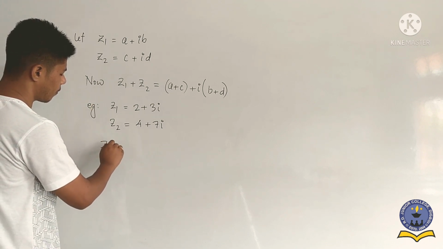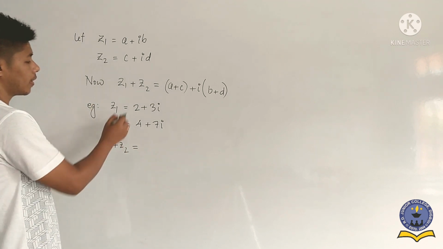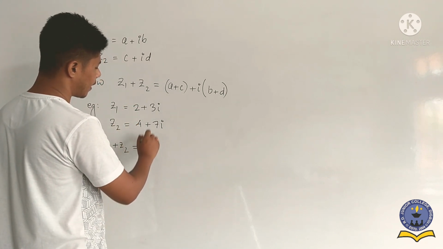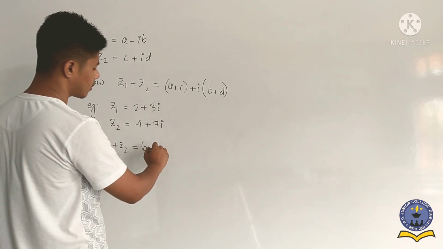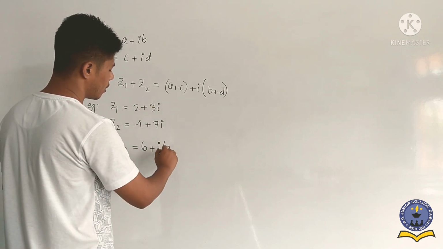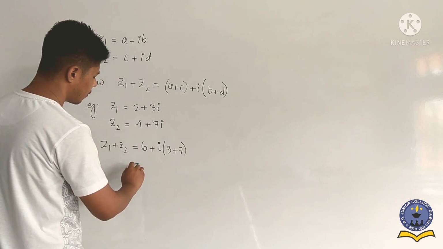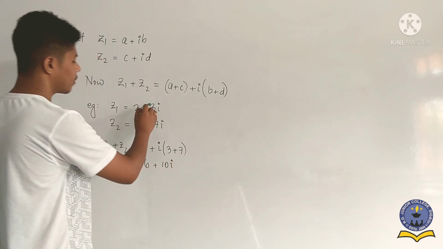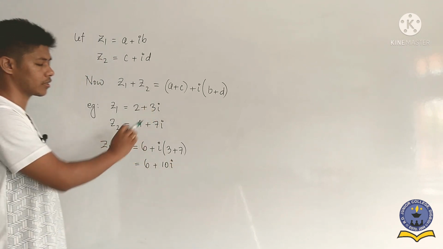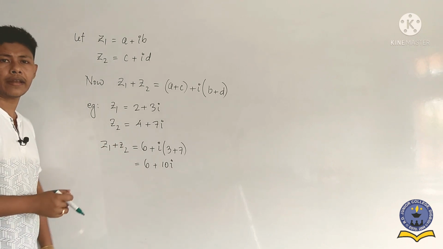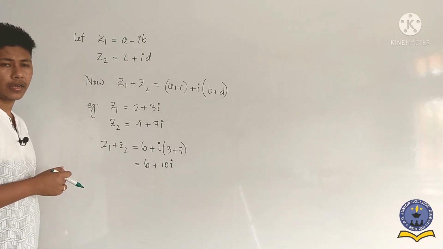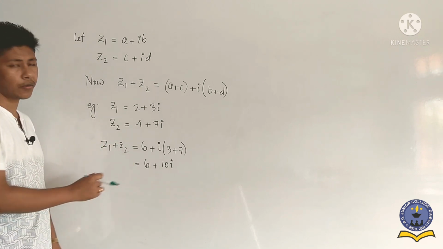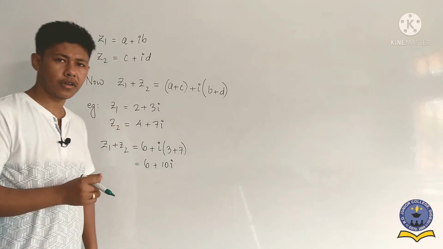If we add these two, z1 plus z2, the real parts give 2 plus 4, which is 6. In the imaginary part i is common, and 3 and 7 remain, which is 10i. If you understood, you can directly write 6 plus 10i. In this way we can add two complex numbers. All of you understood this one?